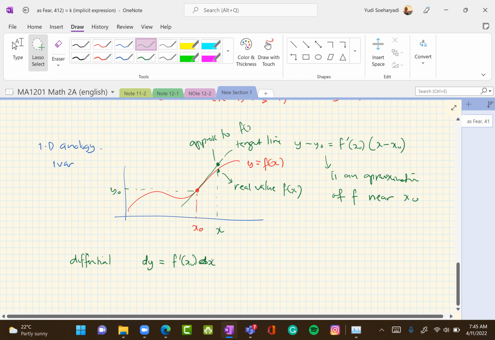This is differential x, this is differential y. dy is going to approximate delta y, which is the real error, the actual error. This is the estimated, approximate error.